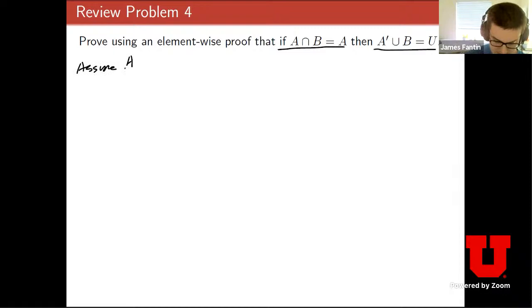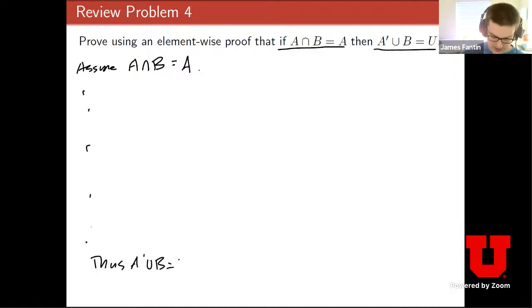Assume that we've got some set A intersected with B is equal to A. That's our assumption, right? And then based on this assumption, we hopefully can conclude, after doing a bunch of work, that thus A complement union B is equal to the universal set.